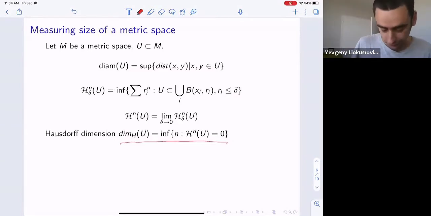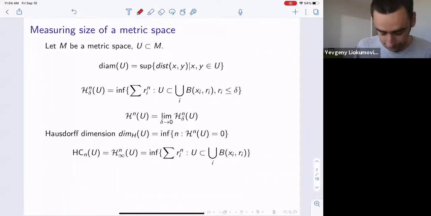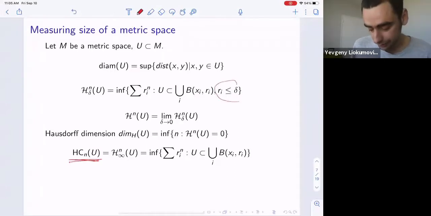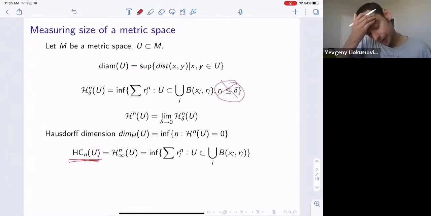So while we still have this definition of the Hausdorff measure, I want to also define a different way of measuring the size, which is much less known, which is the Hausdorff content, whose definition is much simpler. It's basically considering all coverings by all balls without this restriction on the radii. And the Hausdorff content is quite interesting and often useful in geometry because it sort of disregards the small scale features.